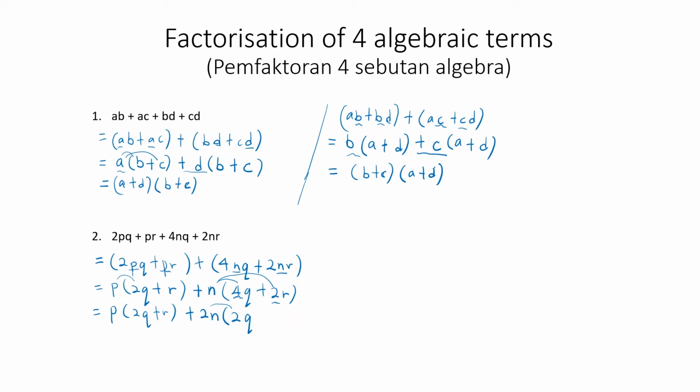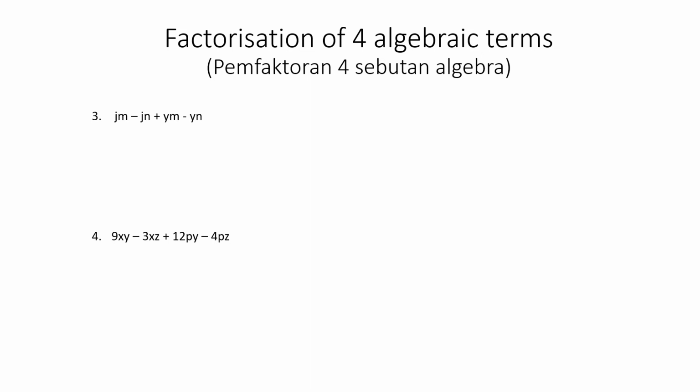And the q remaining, I write it down. And 2 times 1 will be equals to 2. So I don't need to write a 1, I just need to write the remaining r. And you can see the common factor is 2q plus r now. Then the remaining is p plus 2n. So p plus 2n, and the common factors I write once, 2q plus r. That's it.